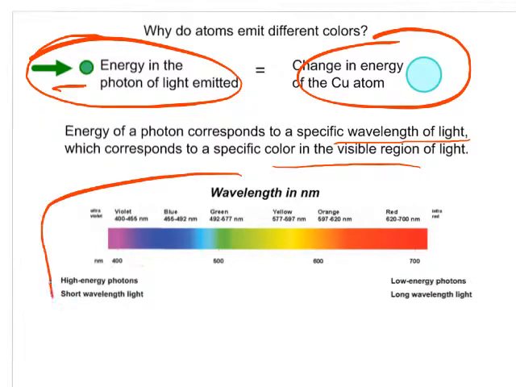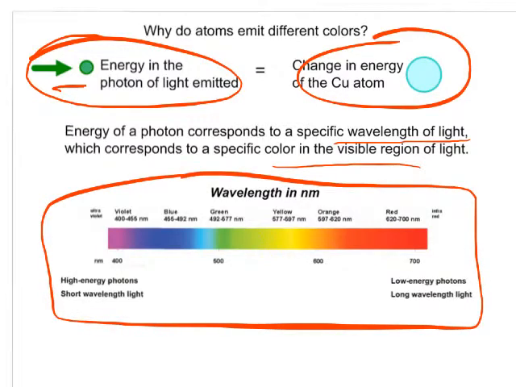Now, if you look down here at our little chart, you can see that the wavelength of light, here we have 400 nanometers, 500, 600, 700, corresponds very specifically to a different color. And remember, we just set up here that the energy of a photon corresponds to the wavelength. So down here we have shorter wavelength light.